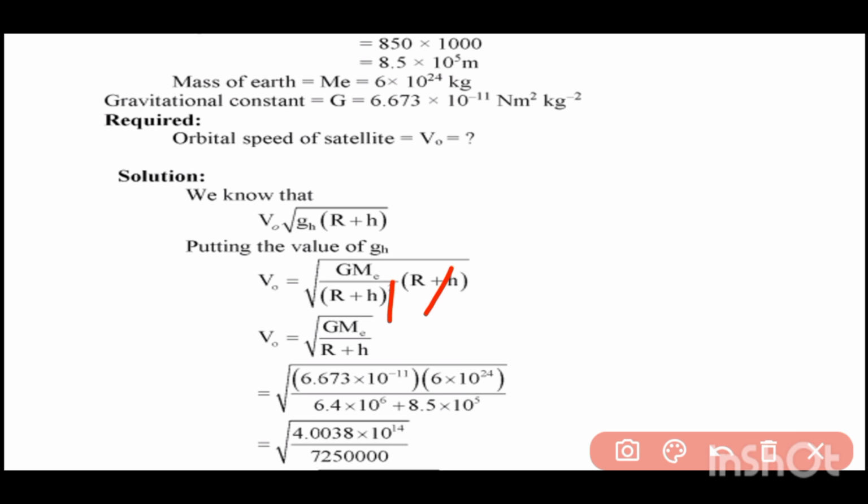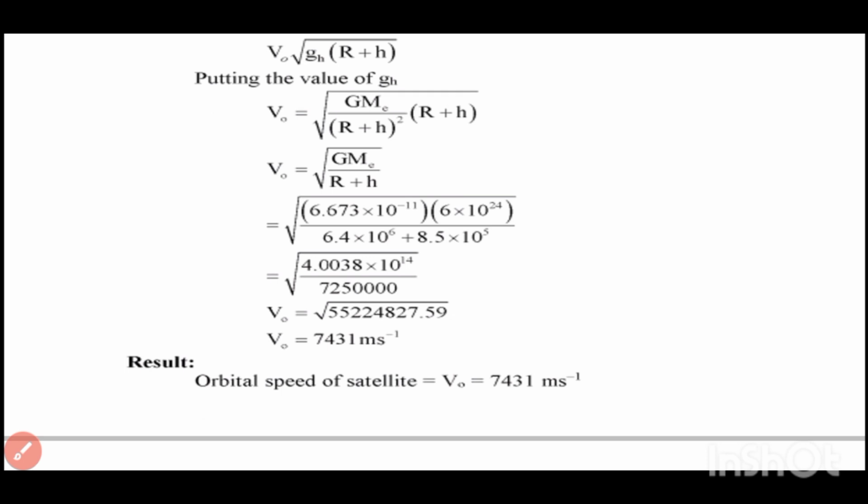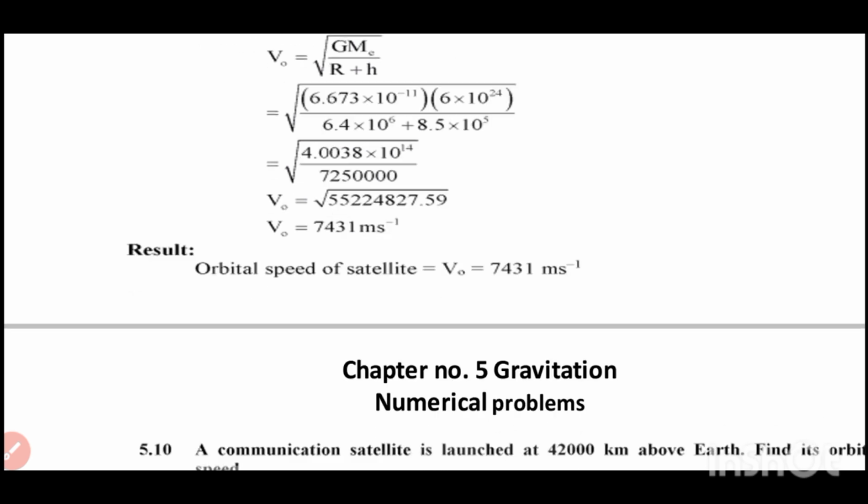So we get finally the formula v0 is equal to under root G M_E over (R plus h). After putting the values, we get the value of orbital velocity 7431 meter per second. So our result: orbital speed of satellite v0 is equal to 7431 meter per second.